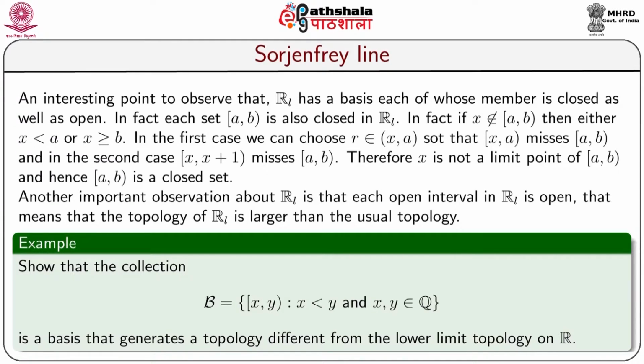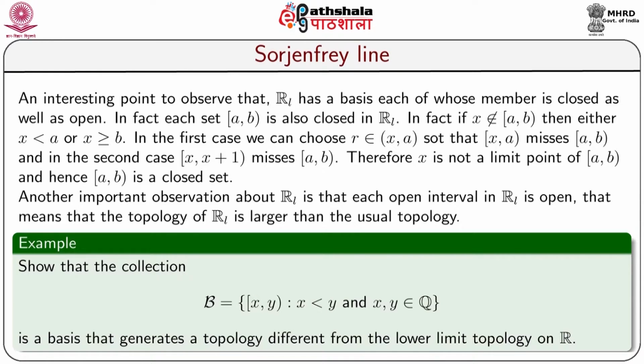We can also prove that every open interval is also open in the lower limit topology. That means the usual topology of R is contained in the lower limit topology.